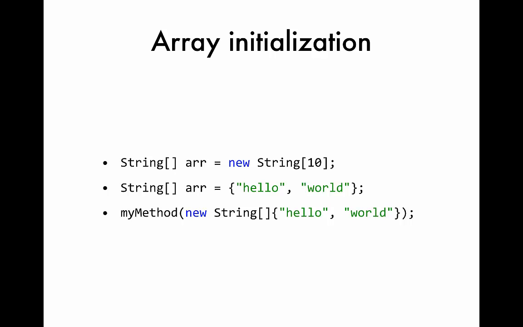This method is so convenient that some programmers get irritated when they discover that they cannot assign this kind of array literal to a variable that already exists. They can only assign it to a variable that is being declared for the first time.